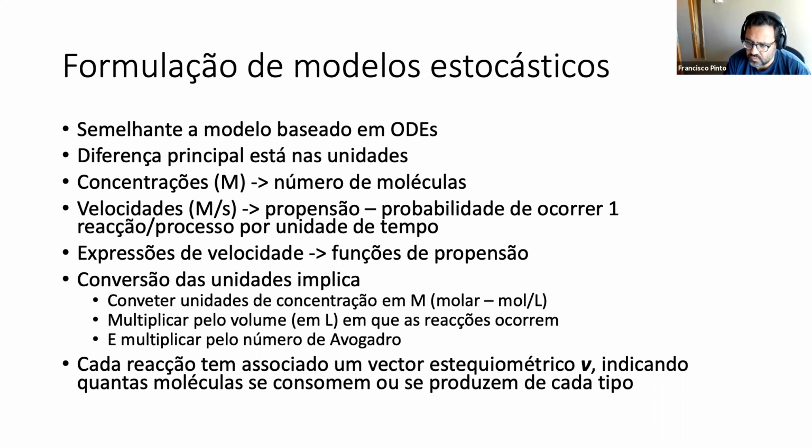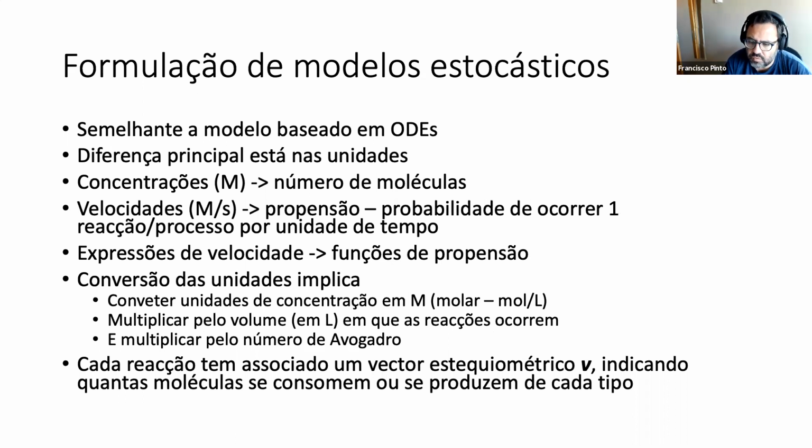So that is a change of units and a change of meaning. A rate tells you the average number of events per unit time, and the propensity tells you how probable it is that one event will occur in that unit time. So if you have the system of differential equations and the parameters, you have to convert those parameters in terms of units, converting the concentration into the number of molecules.